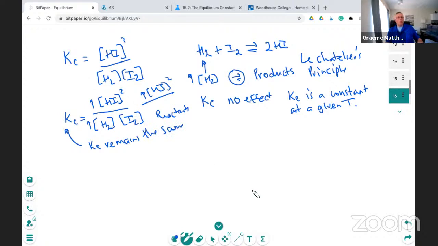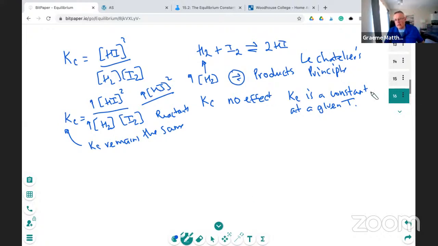It's like if you make the denominator slightly larger on the fraction, then the numerator also has to increase, because the system, the pendulum, readjusts, and the value of Kc remains the same.